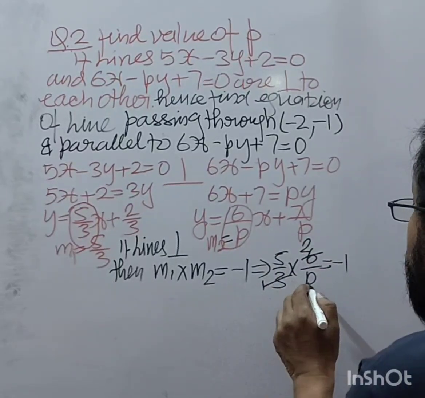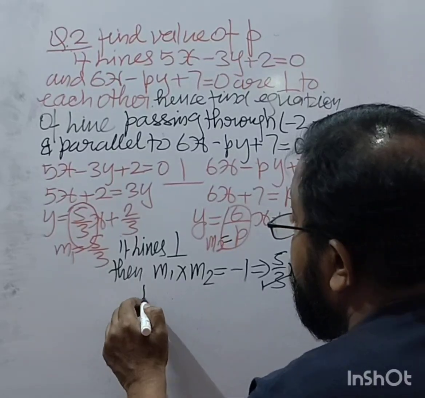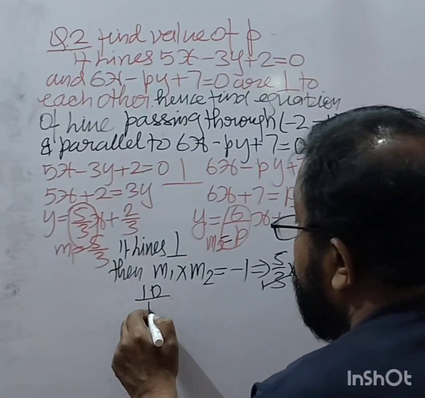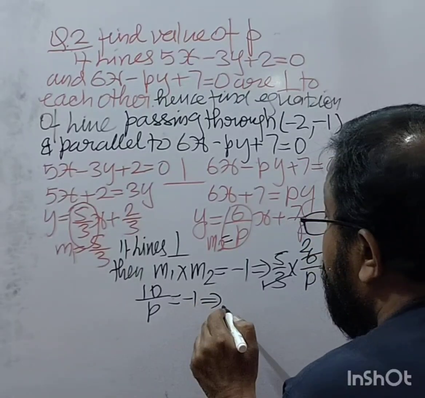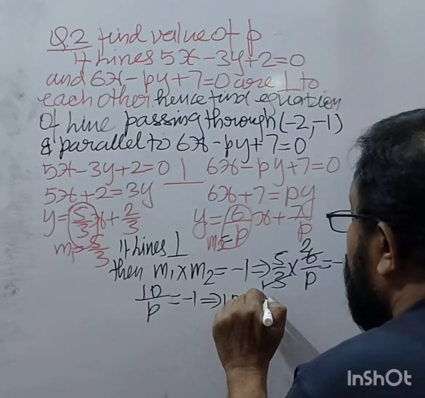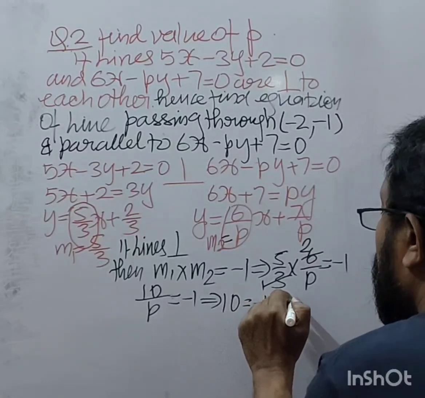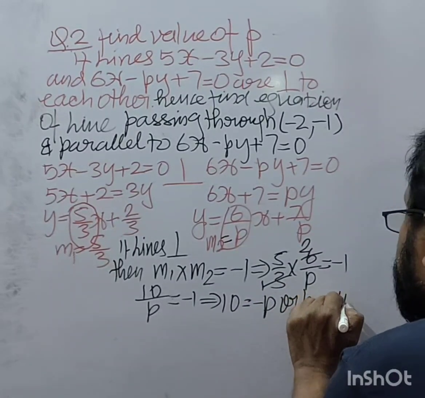So we get 10 is equal to minus p, or we can write p is equal to minus 10.